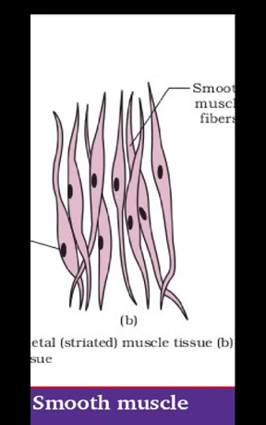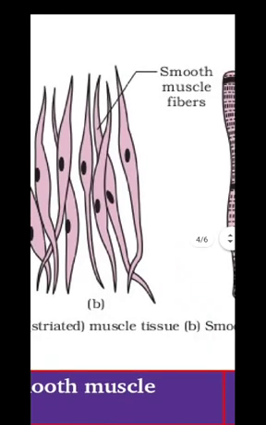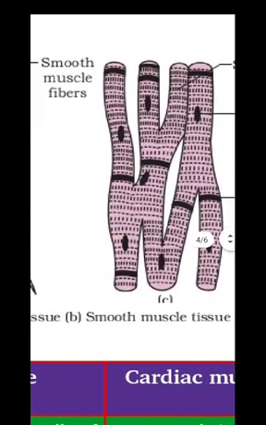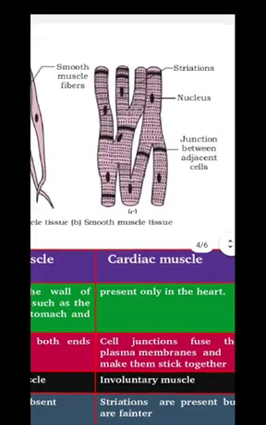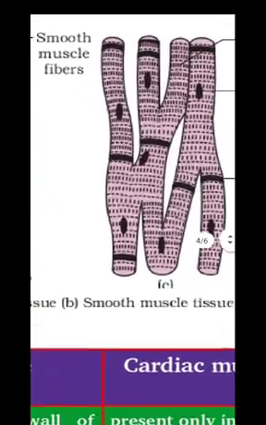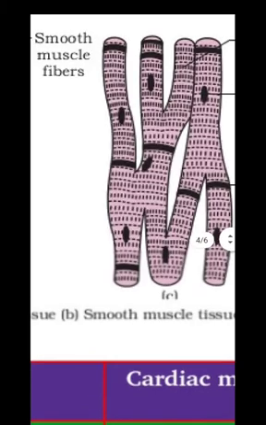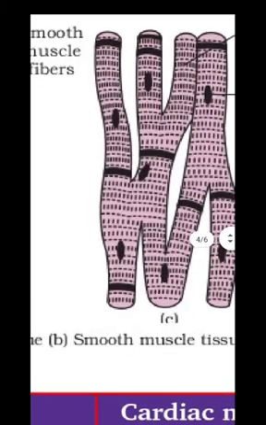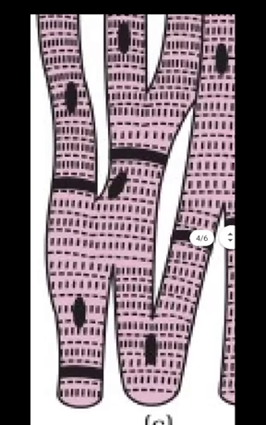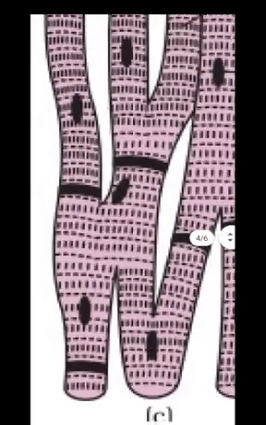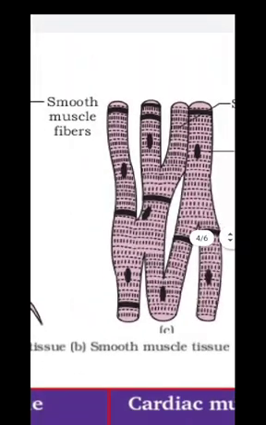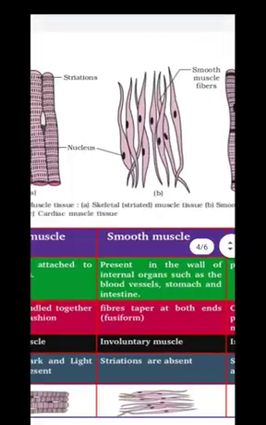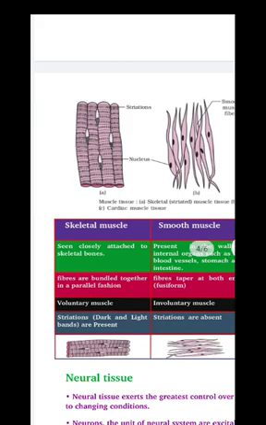The third one is cardiac muscle. This is also striated, but weakly striated, not as strong as skeletal muscle. Striation is there, but weaker.